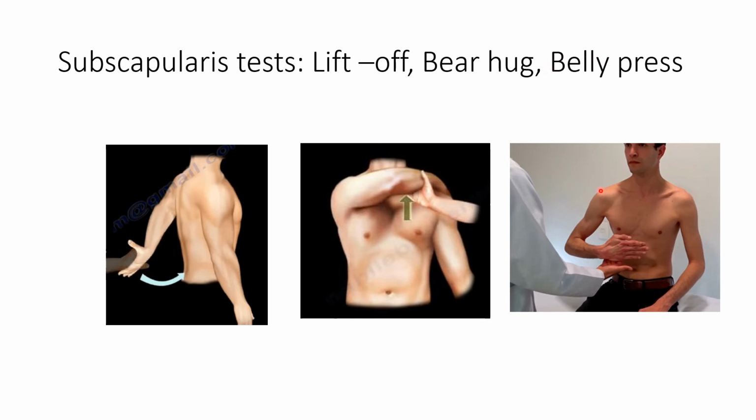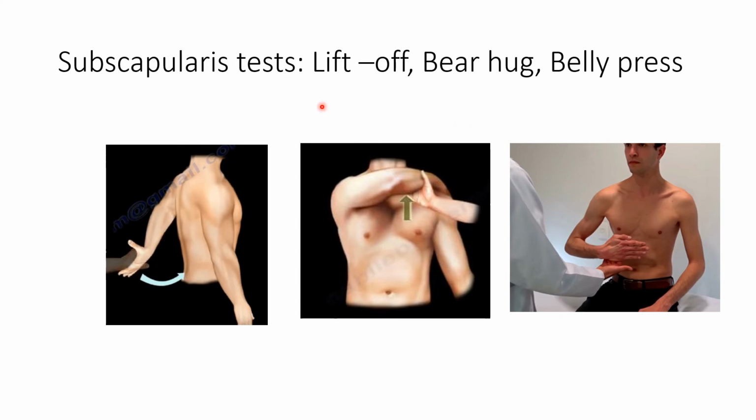Then see here, the belly press. He is able to put the hand towards the belly, though there is resistance from the examiner. If he is not able to put his hand onto the belly, or if he is not able to touch his belly or press the belly with the palm of his hand, then it indicates that the subscapularis tendon is not intact.